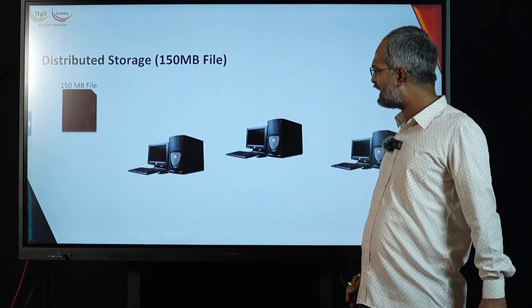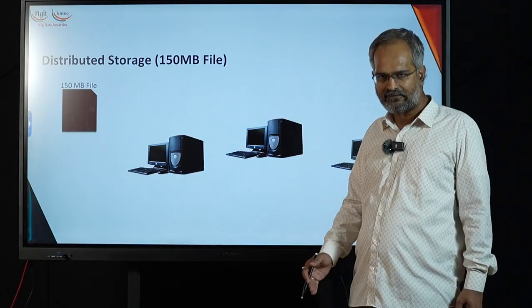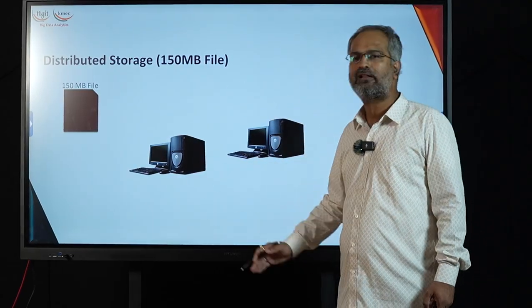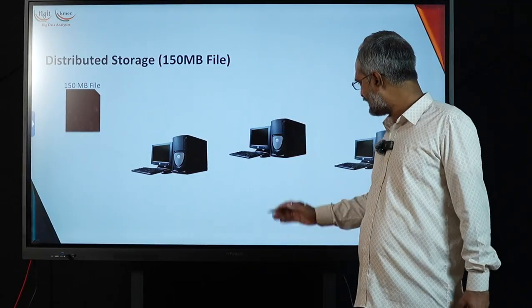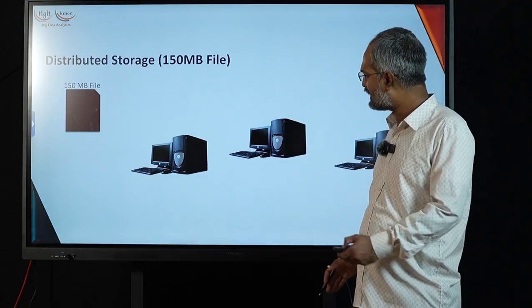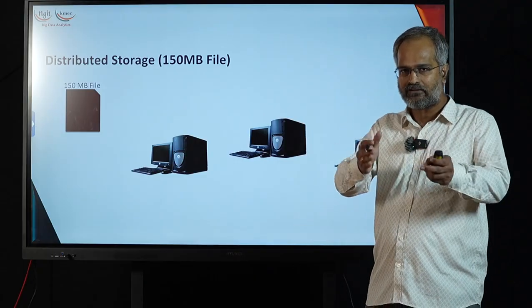If you have data of, let us say, a 150 MB file, that 150 MB file has to be distributed over the cluster. We can call it a cluster, a collection of machines. How can we distribute the 150 MB data? That can be divided into several parts.